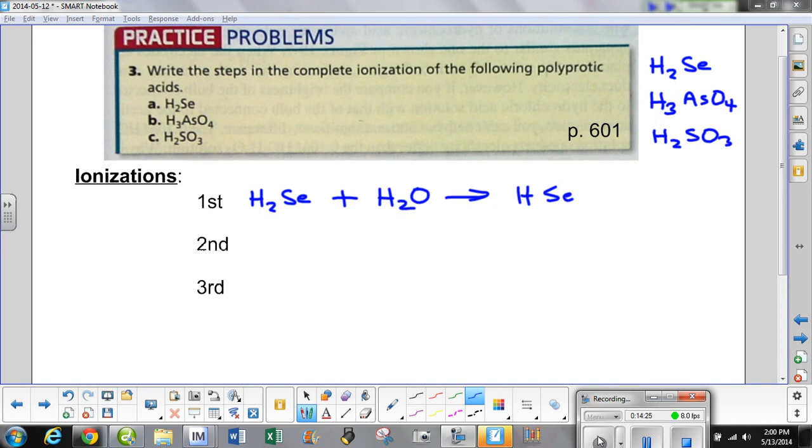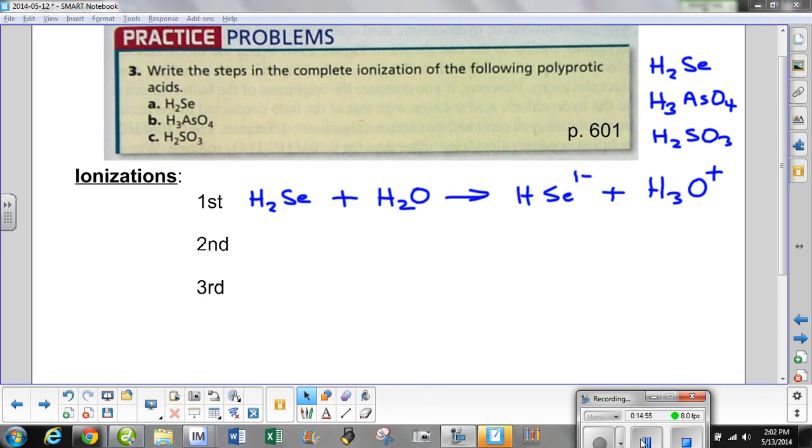We only dropped down 1. 1 minus. And then we got the H3O, 1 plus. How many hydrogens do you have? 2. Okay. So you can't have more than you have hydrogens.